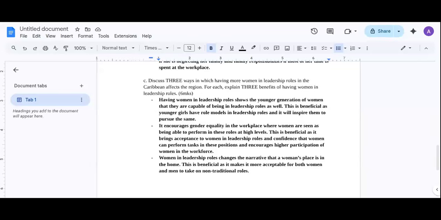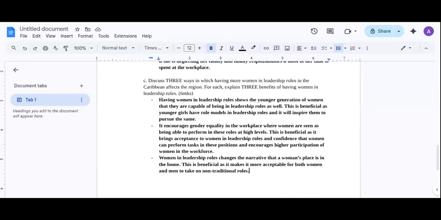Right? So we have examples that you could use for the right Governor General. Very good. So we have examples that we can use in this response to show that we know women in leadership positions in the region. Obviously those from Trinidad and Tobago will use the examples of their prime minister.